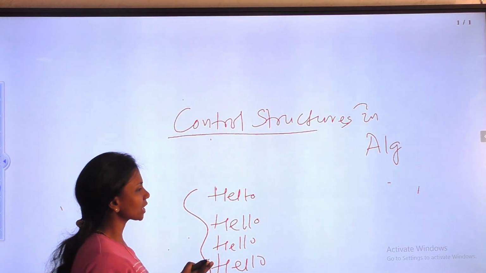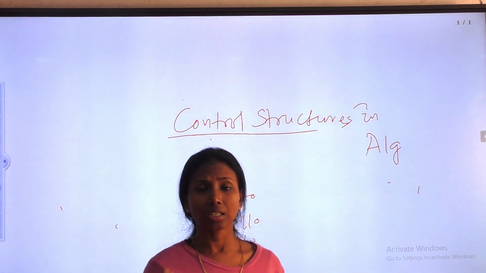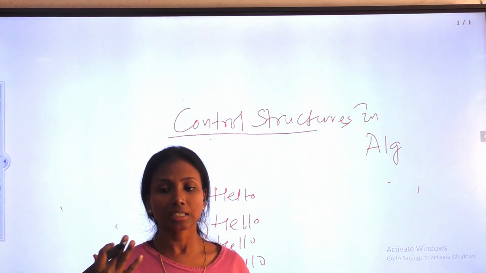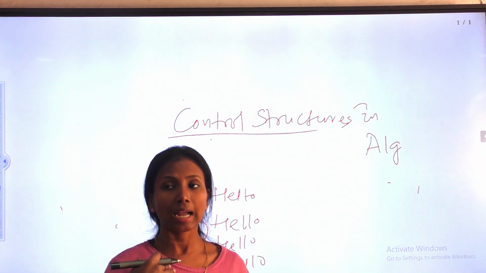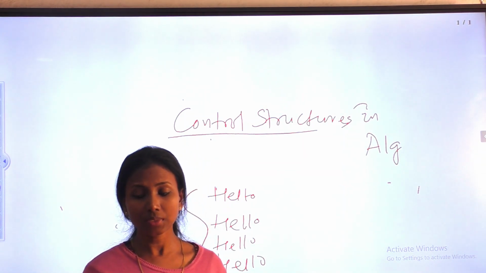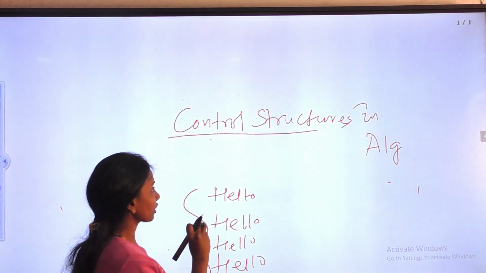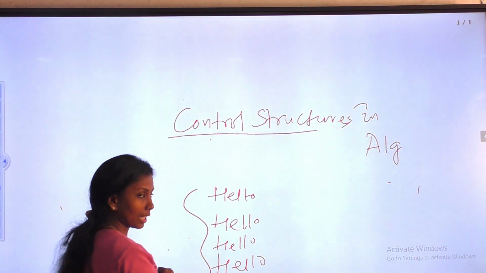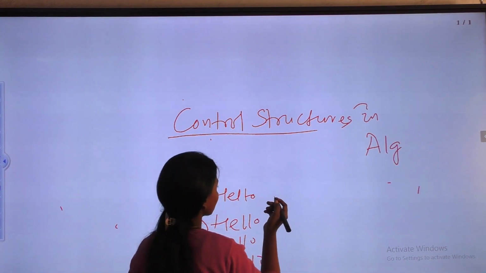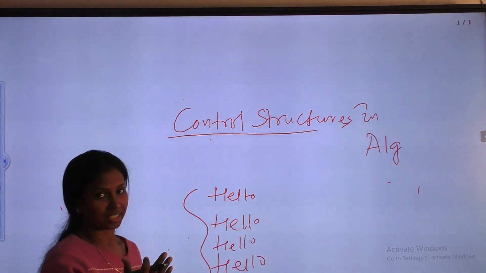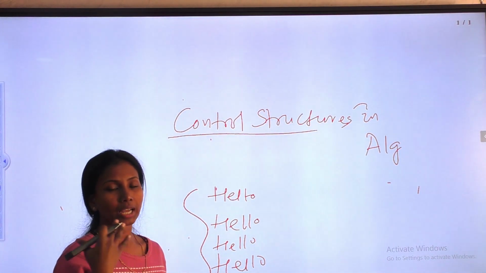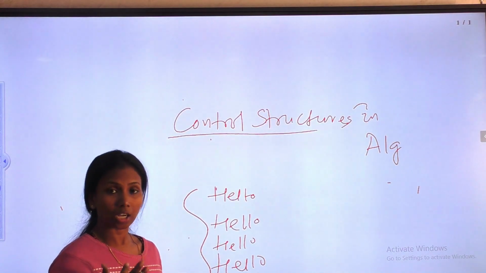So what can I do so that I get a better result within the stipulated time, save time, and use less memory? Here I am giving you an example: I want to print hello 5 times. For that, first I have to initialize things. How many times do I want to see this hello, 5 times or 1000 times?